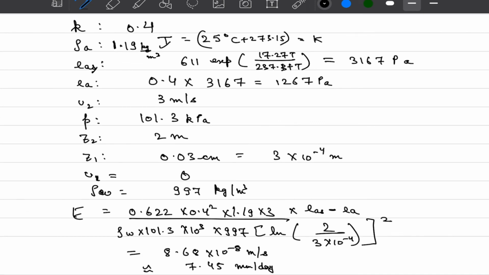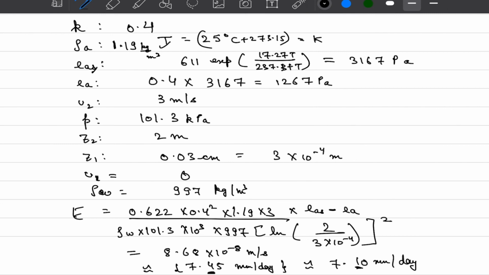If you compare it with the energy budget method, our answer is fairly close. Last time we calculated it as 7.1 mm per day, and this time we are calculating 7.45 mm per day. But this is also a significant difference, and when we extrapolate it to a lake, and there are small changes in the available moisture transportation conditions, these answers would have a significant impact in terms of volume.